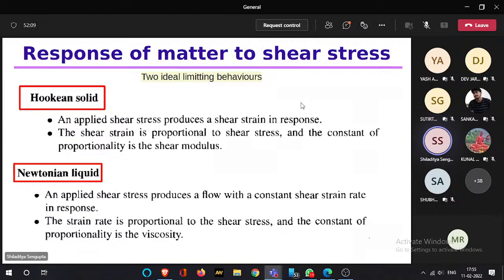Okay, so now to address this question: let's say we have dense solid, liquid, and something in between, a gray area, and these materials are soft and easy to deform. Then how to describe them? One specific question is how will they respond to external forces?